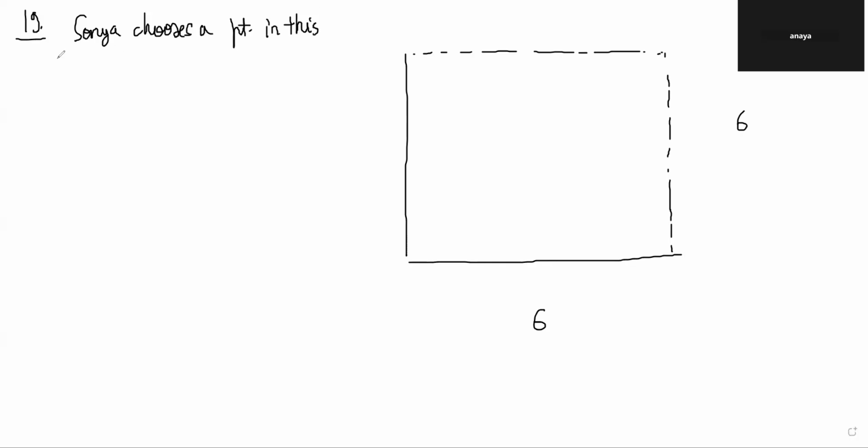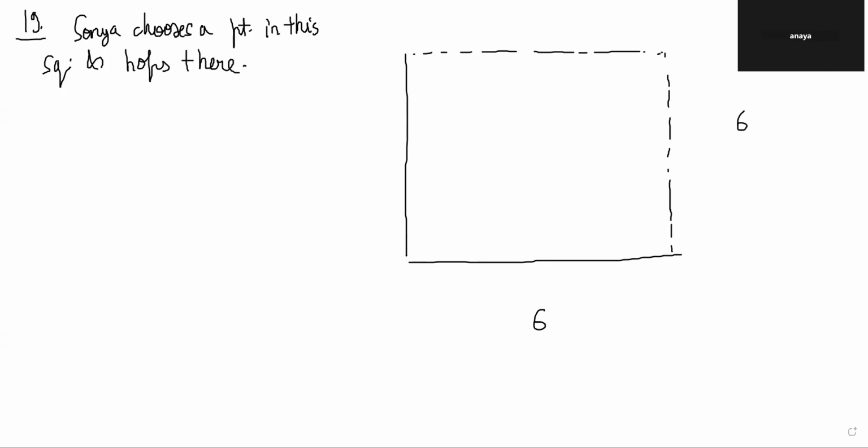So there is a 6 by 6 square. Sonia chooses a point in the square randomly and hops there.